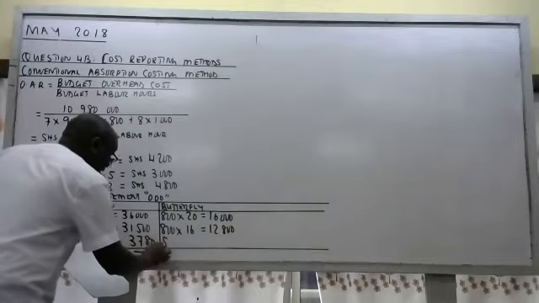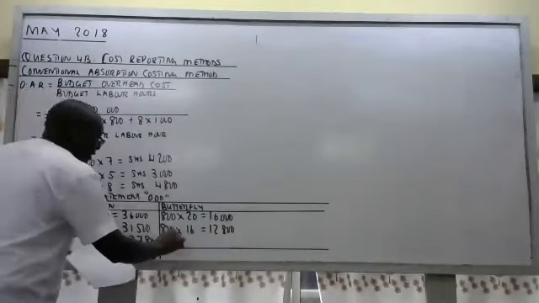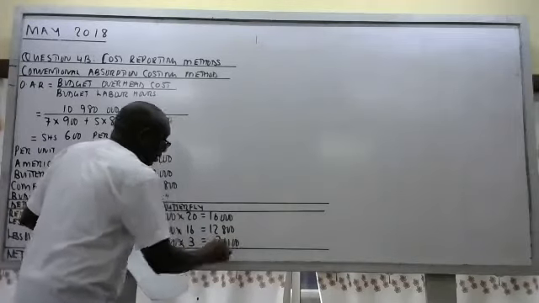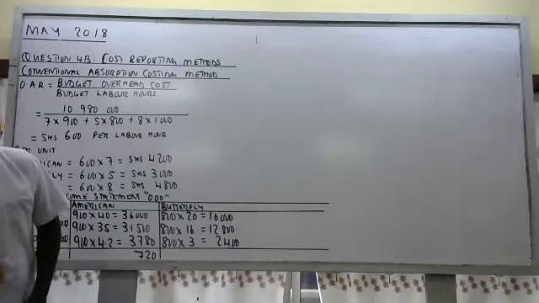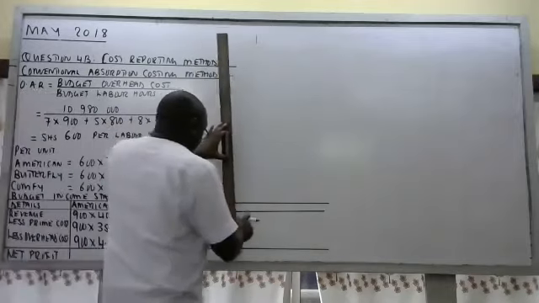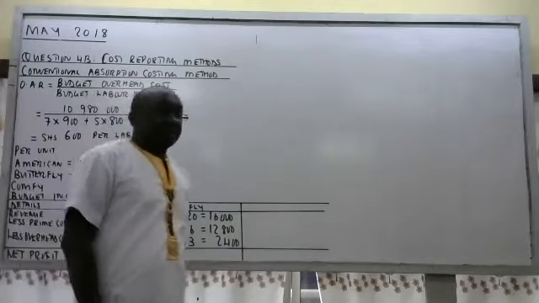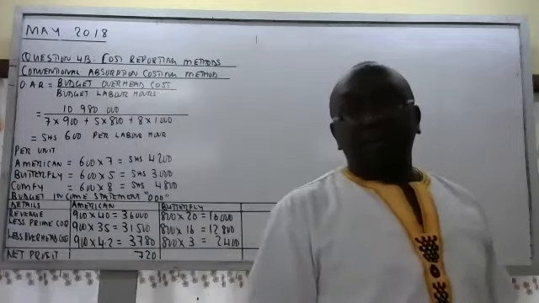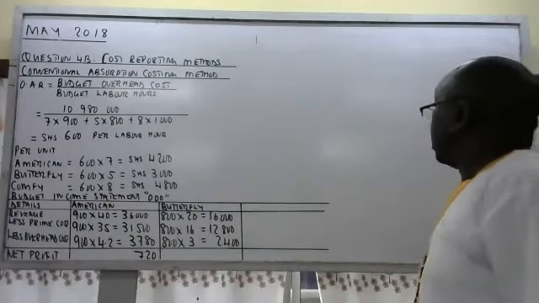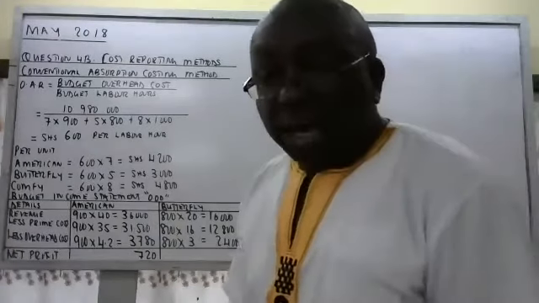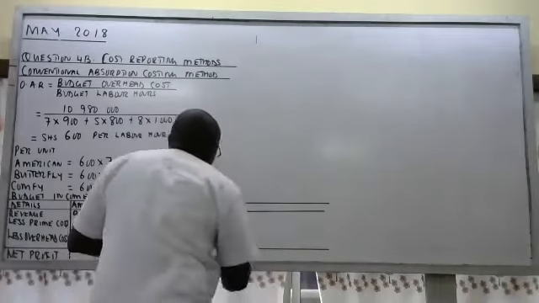So the overheads will then be 800 times 3. This must be 2,400. So give me the net profit. The net profit, good. I can see 800.